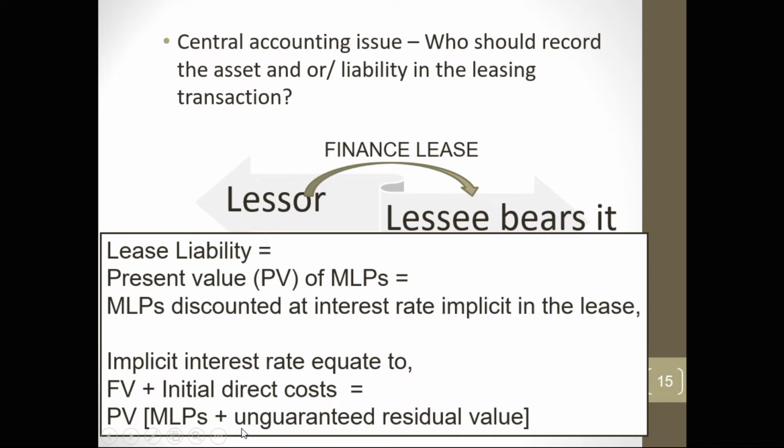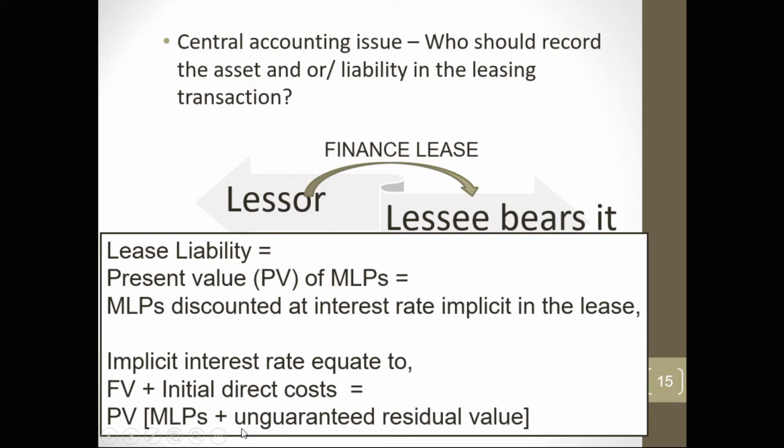For us to find the implicit interest rate, we take the fair value of the asset plus the initial direct cost, and then we take the minimum lease payments plus the unguaranteed residual value. We take the present value of them, and that's the cash inflow, and the fair value and the initial direct cost is like the cash outflow.